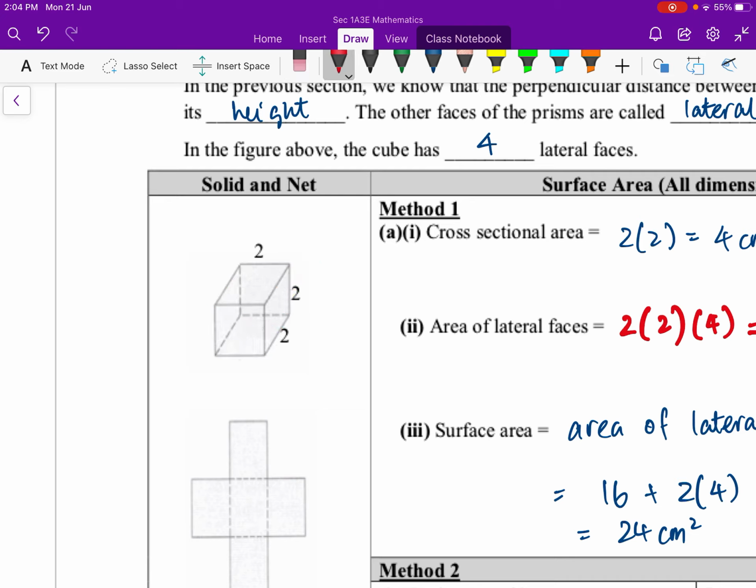In summary, from one perimeter, we multiply by 2, we end up calculating the lateral face at the front plus the lateral face at the side, plus the lateral face at the back plus the lateral face at the side.